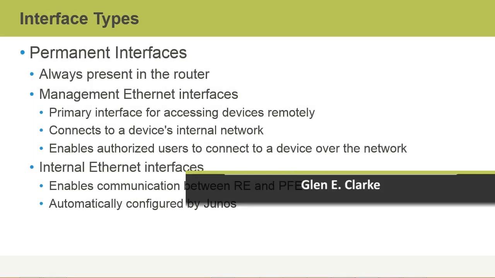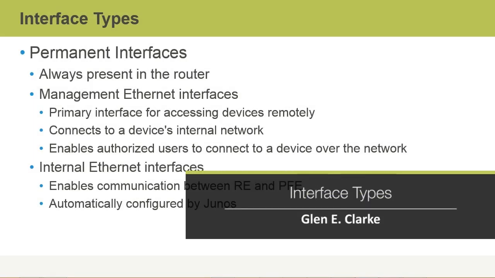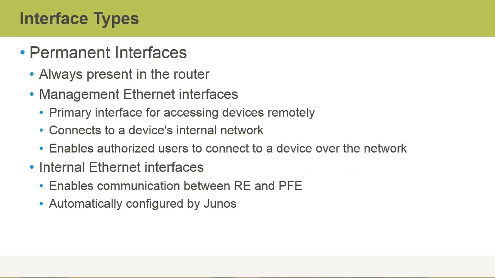In this video, we'll discuss different types of interfaces that can exist on a Junos device. The first type of interface is what we call a permanent interface, and a permanent interface is always present on the router. Examples of permanent interfaces are the management interfaces and also the internal Ethernet interfaces.